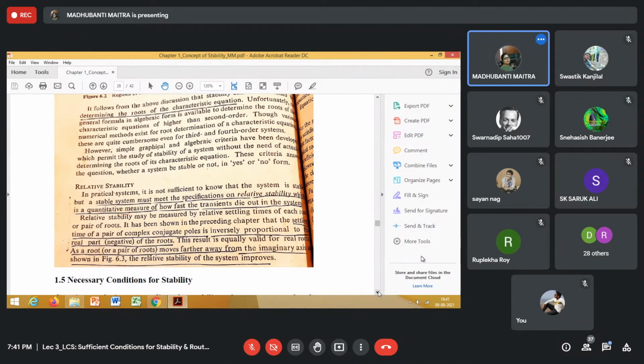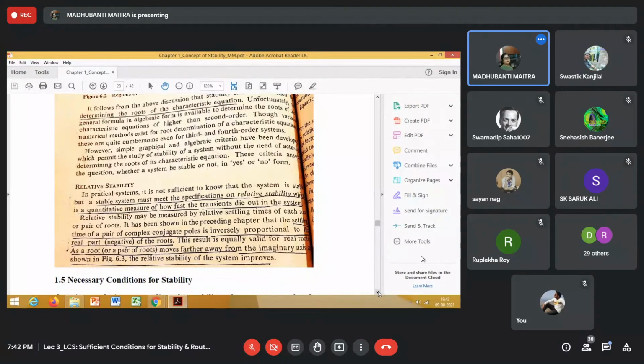Whereas in relative stability, we try to find out the degree of stability. I'm using this particular term to make you understand: the degree of stability of a system. That means we are trying to quantify the notion of stability.